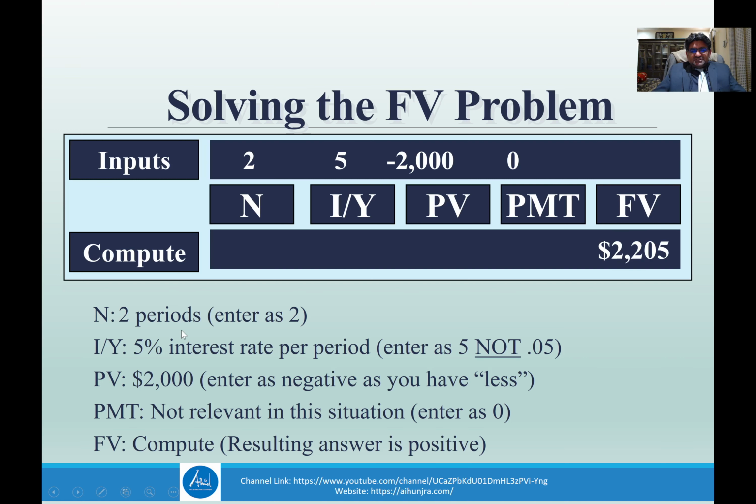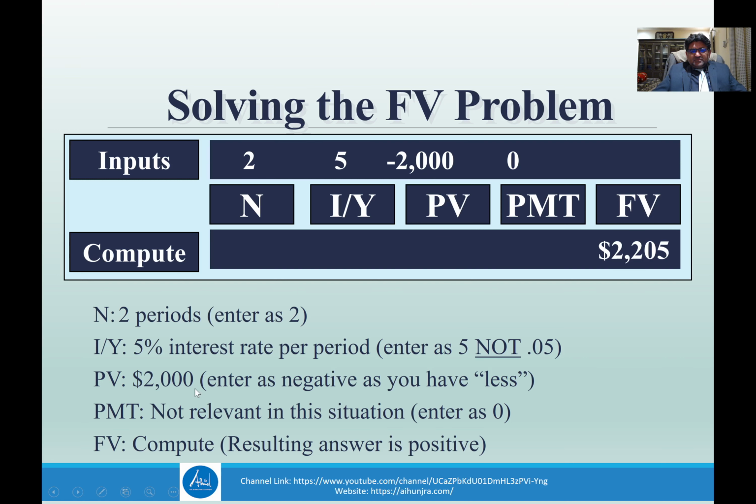Here is the description. N is 2 time periods. Interest is the 5% interest rate per period. Enter it as 5, not 0.05 in decimal. In the time value of money calculator, we should be very vigilant while entering the interest rate. Interest is entered in digits, not decimal, and the present value, the basic investment, is entered as negative.